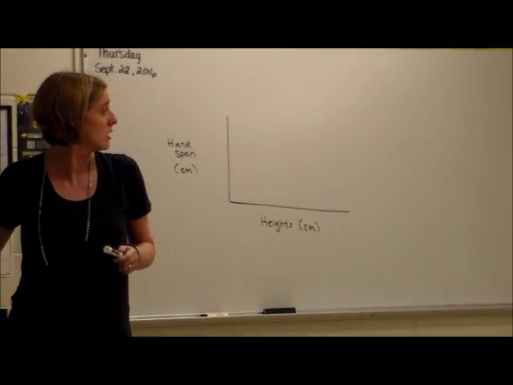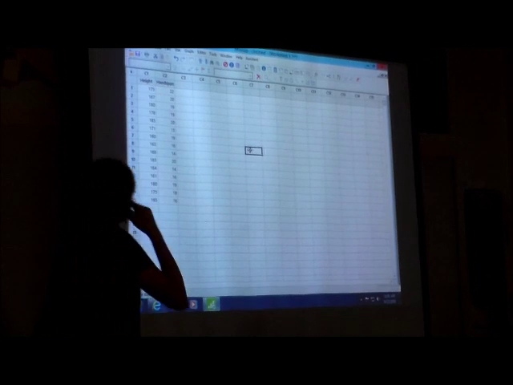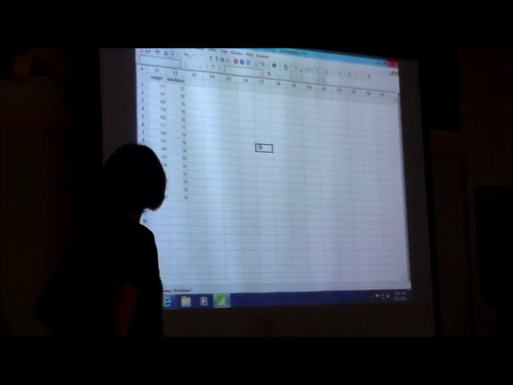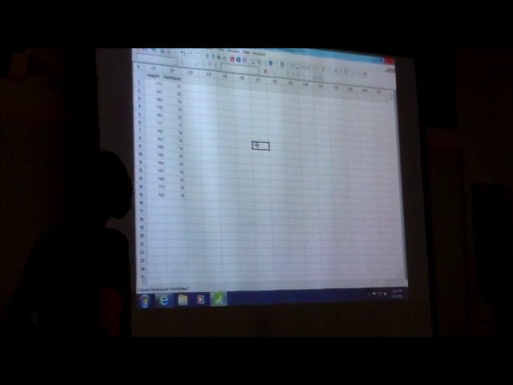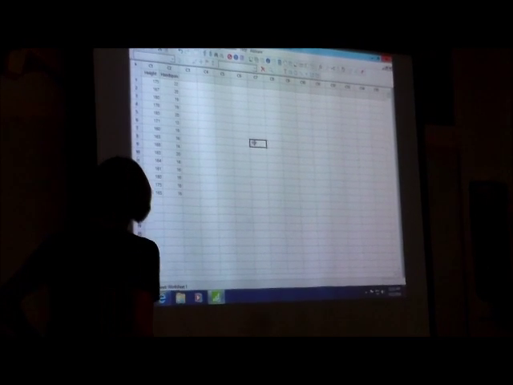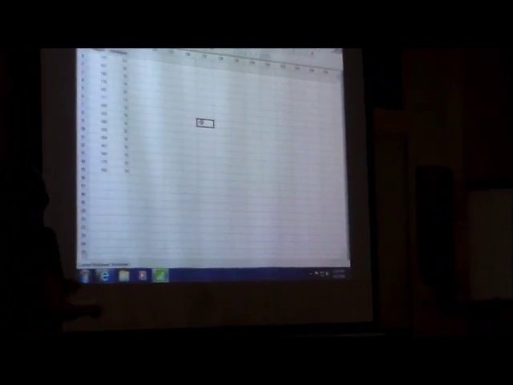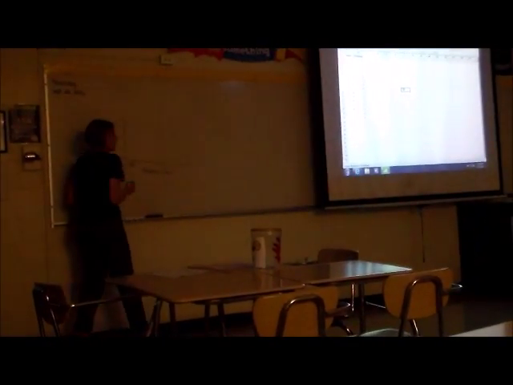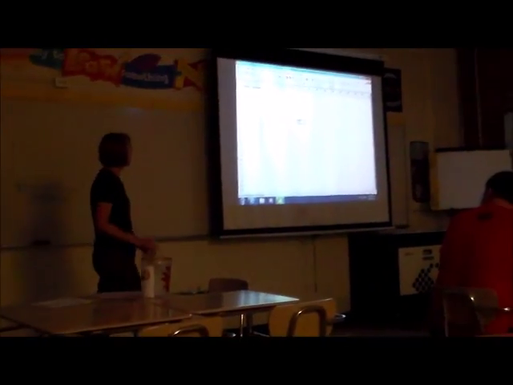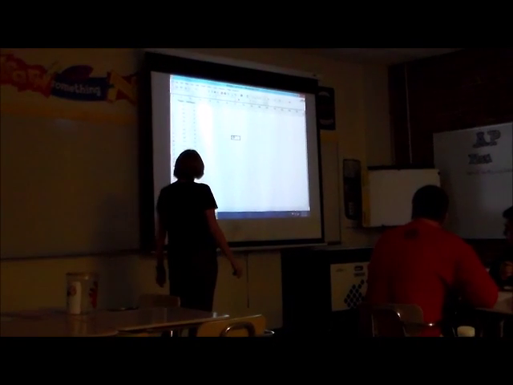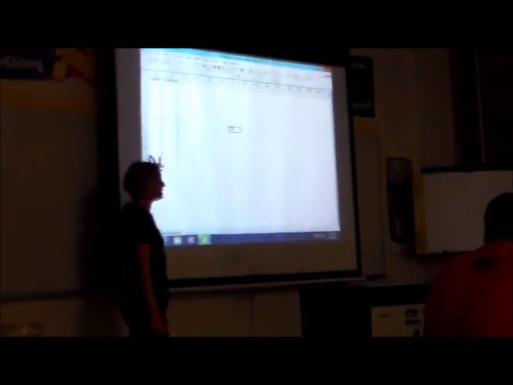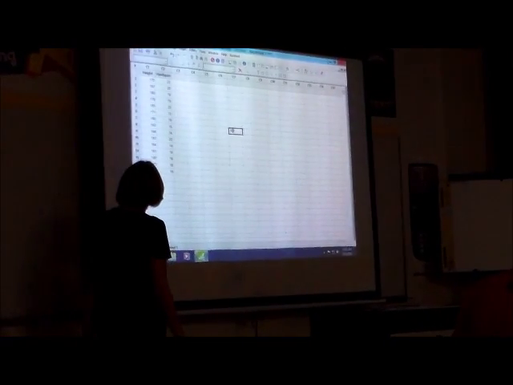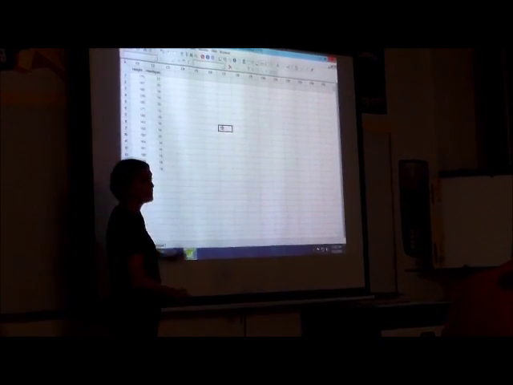Let's take a look. For our x-axis, our heights, what minimum value do we want to start with? About 160 is our lowest. So we should start maybe with 160. What's our maximum height? 180. 185? 188?